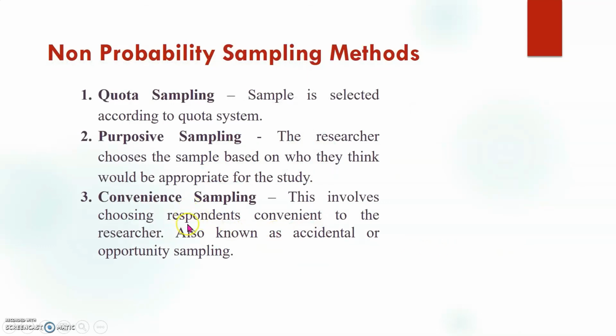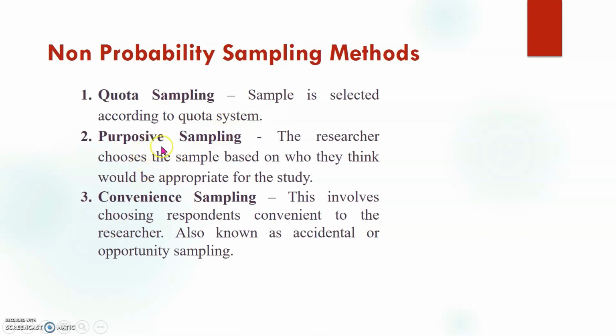So next, if we have probability sampling methods, then we also have non-probability sampling methods. These are the most commonly used non-probability sampling methods. First, we have the quota sampling, in which sample is selected according to quota system.